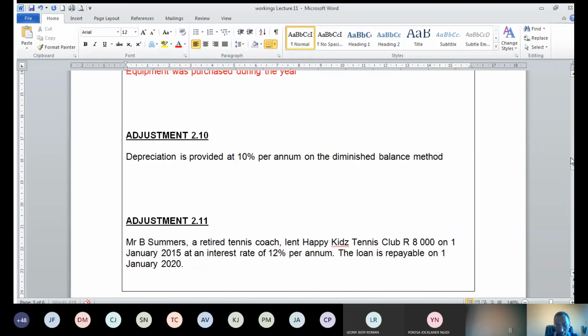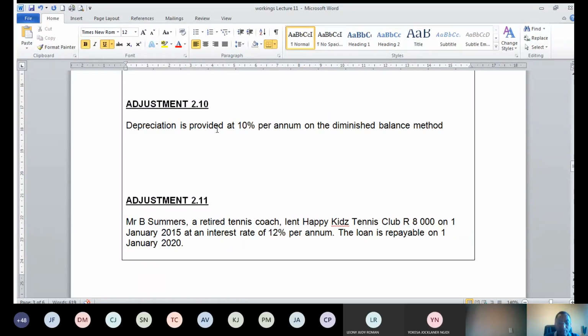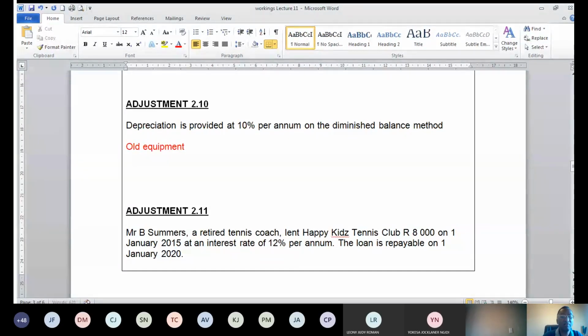So under 2.10, if I am going to make provision for depreciation, and my depreciation is provided for at 10% per annum on the diminishing balance method, if I am going to calculate my depreciation expense, guys, I will say to calculate depreciation, I have got some old equipment. And to calculate the depreciation on the old equipment on the diminishing balance method. Diminishing balance method means first calculate what is your carrying value. And your carrying value is cost minus accumulated depreciation.